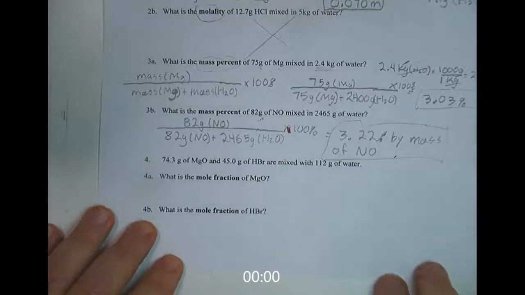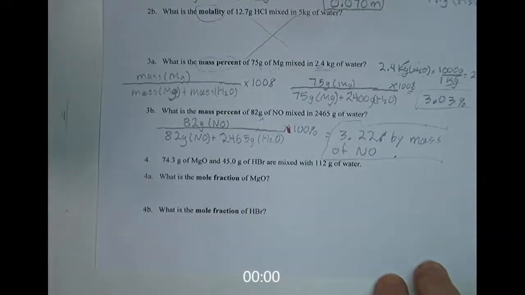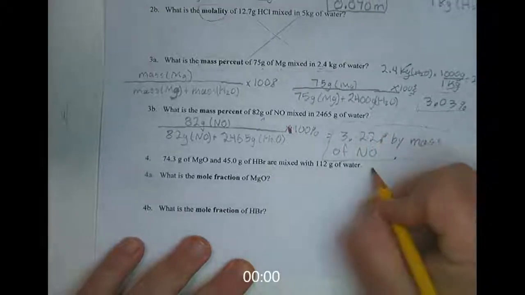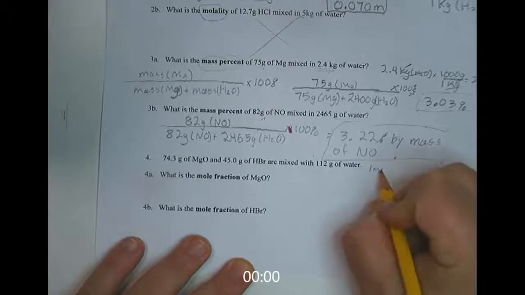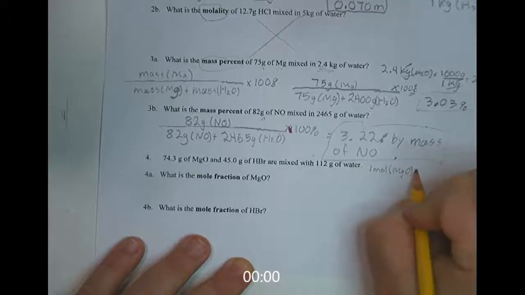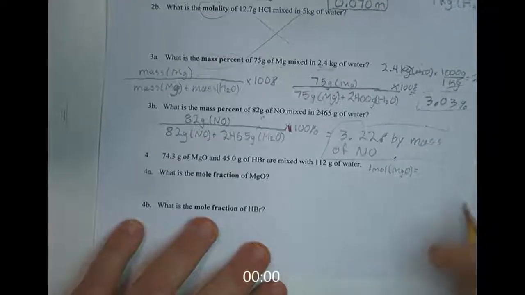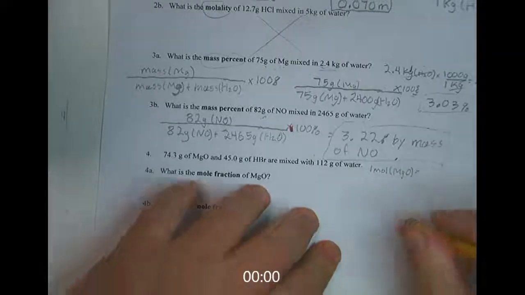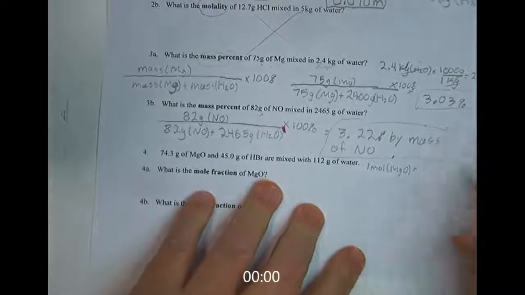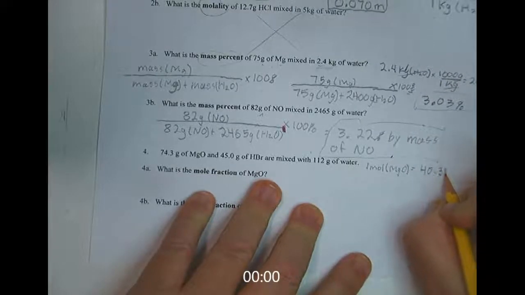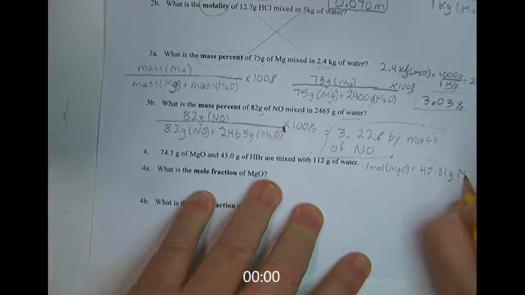All right, so I'm going to come way over here to the side, and I'm going to try to do those conversions over here. So 1 mole of MgO equals 40.31 grams of MgO.